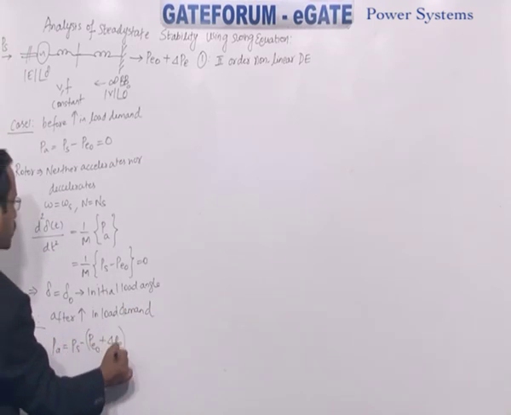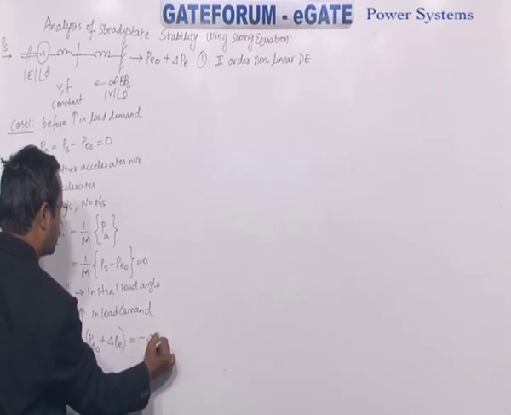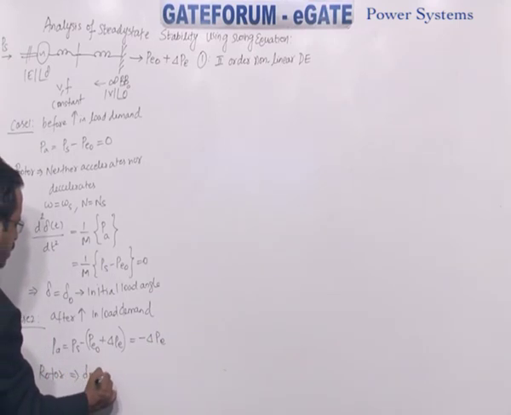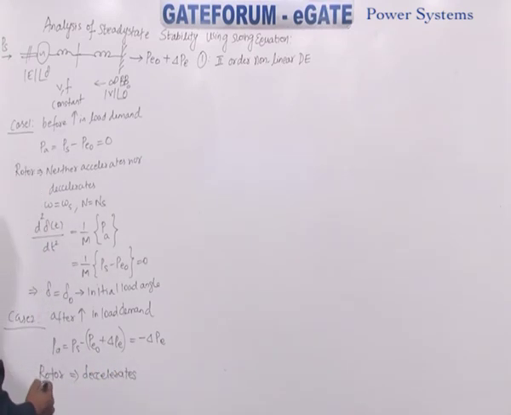Ps minus of this value. How much do you get? Minus delta P. Pa negative means what about the rotor? Rotor decelerates. So omega will be less than omega s, or n will be less than ns.